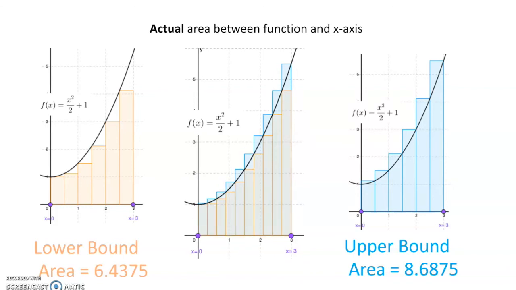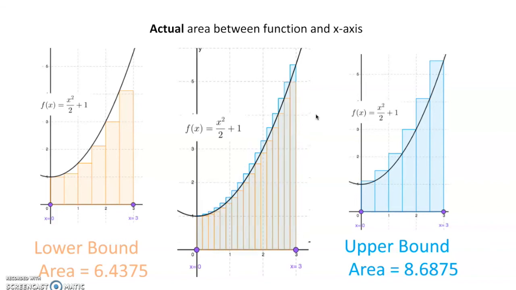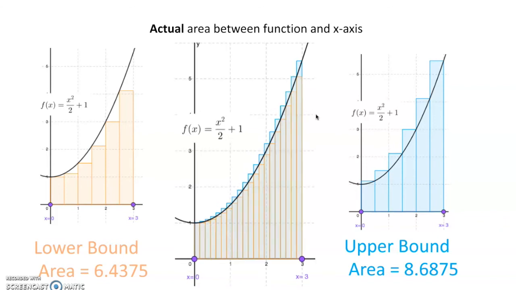And hopefully by this point you're seeing that as we add more rectangles to the party, these rectangles are getting closer and closer to the value of the actual function. So if we increase the number of rectangles, we get a more accurate estimation. And if we increase that enough, eventually we get super, super close.